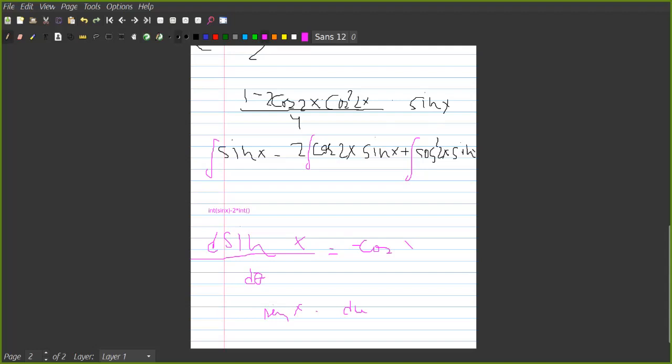But actually this 2 should be down here, and it has to be negative because of the sign.